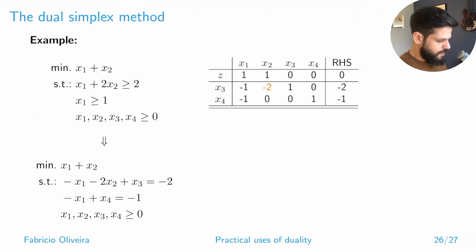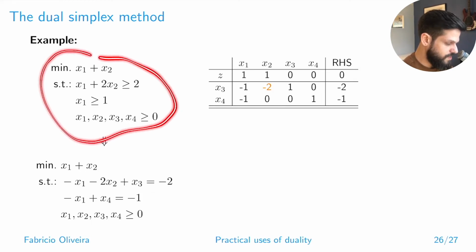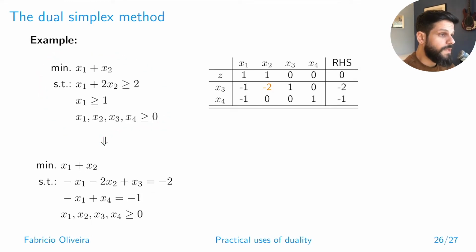So here is an example for the dual simplex. It's a minimization problem with greater or equal than constraints. In order to use dual simplex to solve this, the first thing we need to do is get a basis to start with. The best way of doing so is to do something we couldn't do in the primal simplex, which is just multiply this by -1, multiply this by -1.